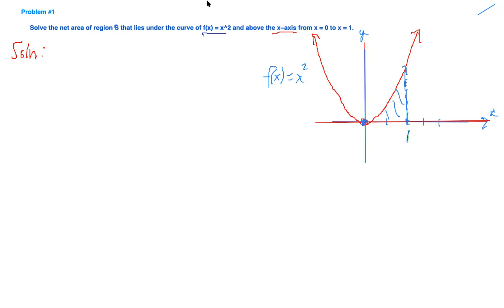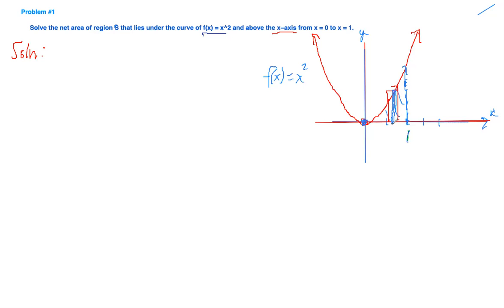Now, to get the area, let's identify the rectangular strip. This is the rectangular strip that we will be using. Let's use another color, a blue one. Let's get to this point.